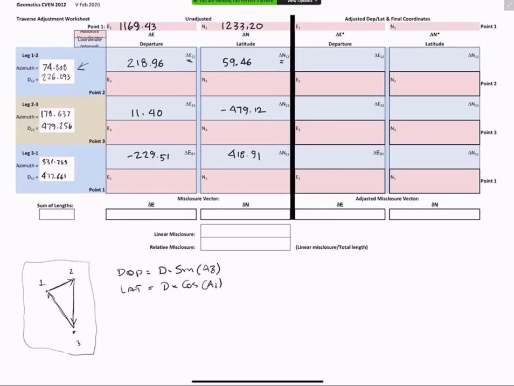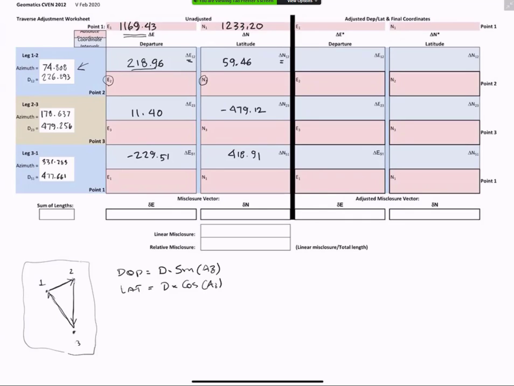And now I will calculate the coordinates for each point. And the coordinates for point 2 will be, let's do the east first, the coordinate for point 1 plus the delta east from 1 to 2.